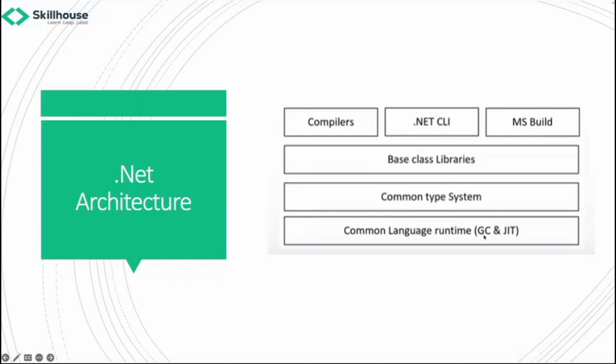With garbage collection, any object that is created in memory, when it is no longer being used, the garbage collector collects and releases the memory. On top of that, there are base class libraries, which are basic class libraries provided by the .NET system to do basic operations.